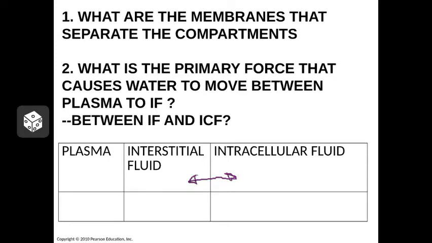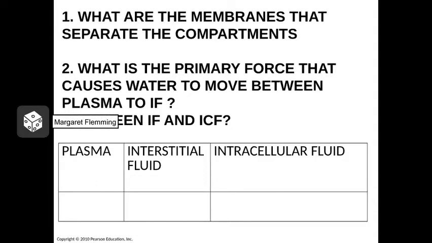It is controlled by what? If you said osmotic pressure, that is correct. But the movement across the capillary wall is primarily controlled by hydrostatic pressure. Again, a reminder of things we already know.